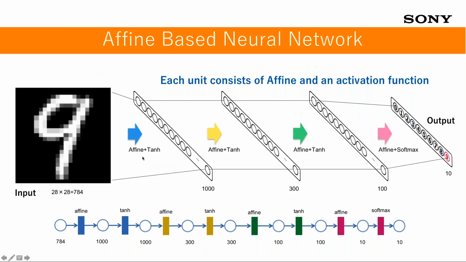So for this one, we picked 1000. This 1000 doesn't have any rule. Here I picked 1000. You can pick some other number, but this is how you design. So with your affine and tanh, you will get the first layer 1000, and then the next one is 300, and then you get 100, and then at the end you get 10. And then between them, tanh is the activation function. I will tell you a little bit more. And softmax is what we use for the output activation for this design.